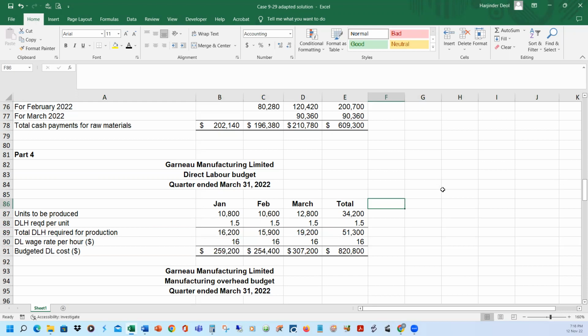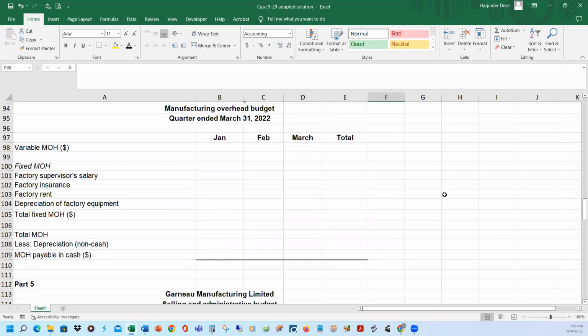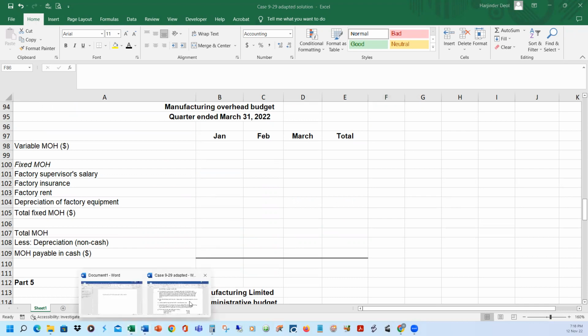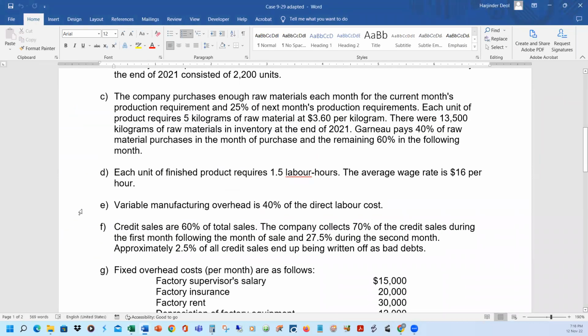We were also asked to set up the manufacturing overhead budget for the quarter. Now, manufacturing overhead consists of two pieces, the variable overhead and the fixed overhead. Now, in the case, we're told that the variable manufacturing overhead is 40% of the direct labor cost.